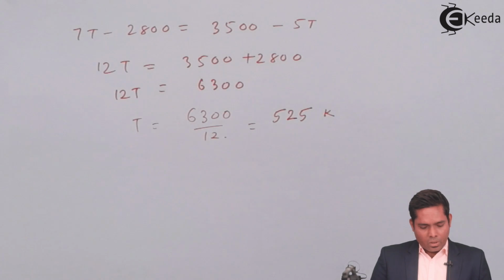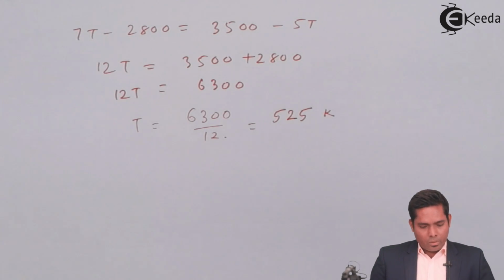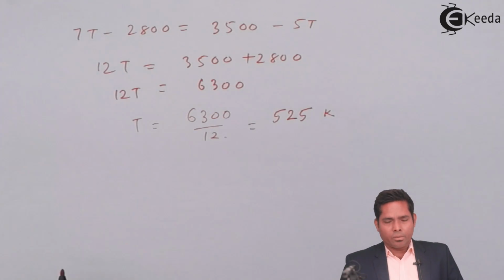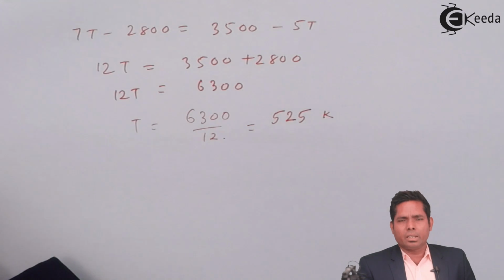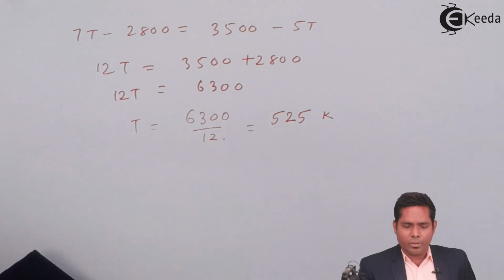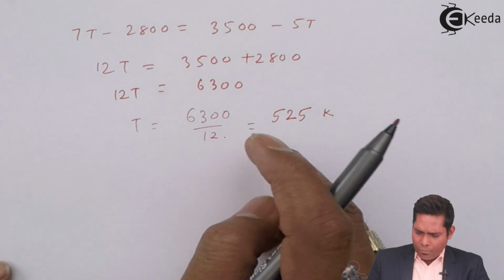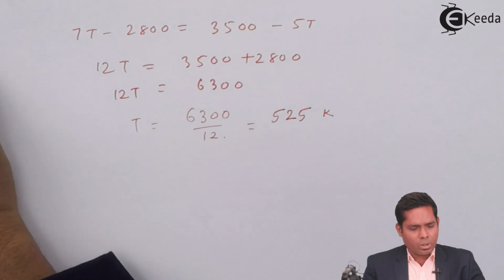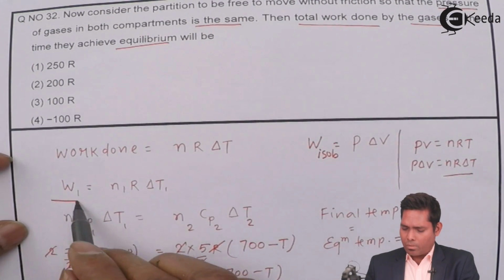So earlier we were using Cv, nCv dT, but here it is nCp dT. That is the basic difference in the question. Now if I know T, I will go back to that equation to find the work done.